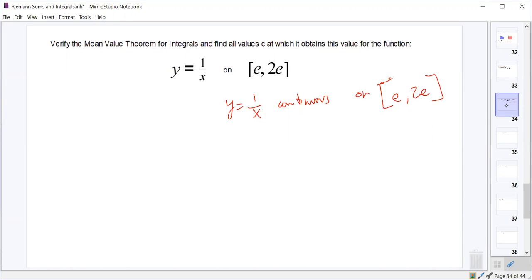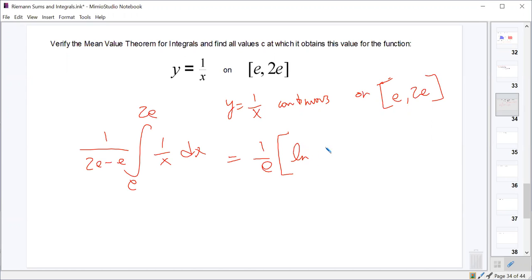So then we'll say this should be 1 over b minus a times the integral from a to b of 1 over x dx. And according to your sheet of integrals, what is the integral of 1 over x? Natural log of x, and we'll evaluate that from e to 2e.